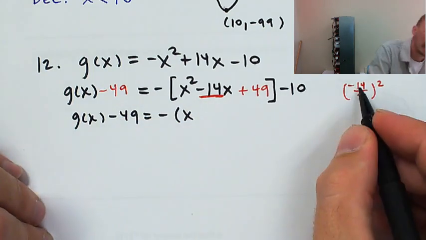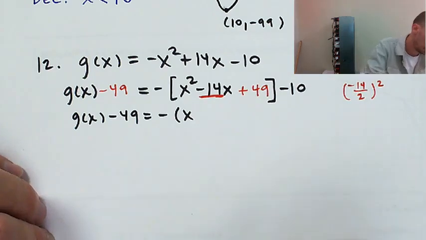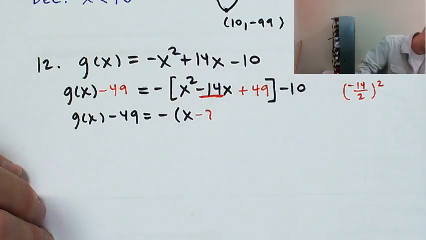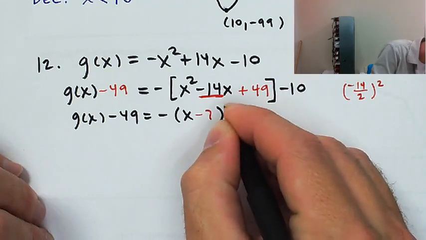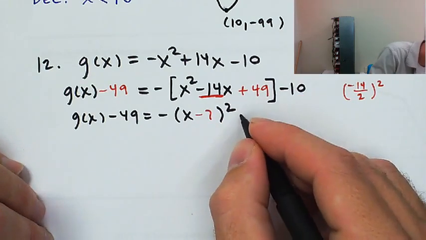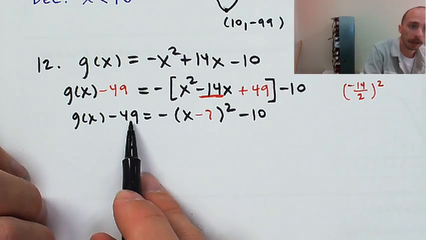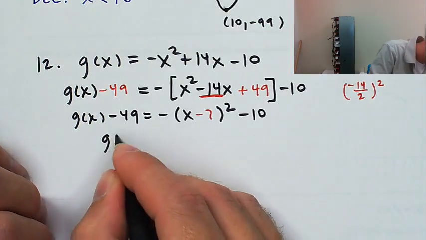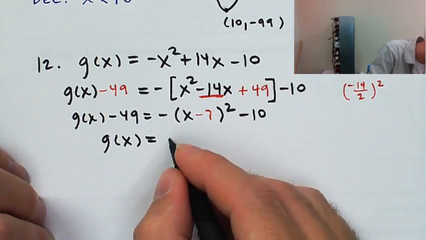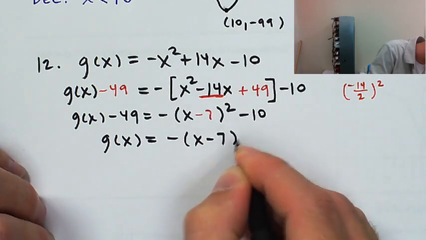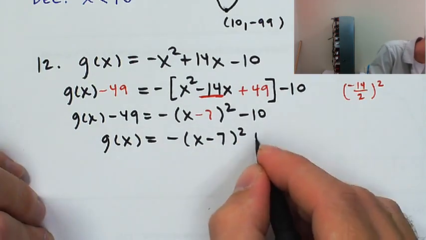This is going to be (x minus 7) squared minus 10. I'm going to add 49 to both sides. And g of x is going to equal the negative of (x minus 7) squared plus 39.